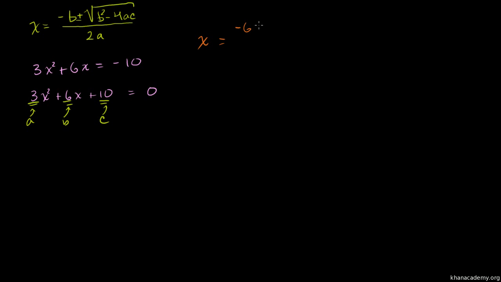So negative 6 plus or minus the square root of b squared. B is 6. So we get 6 squared minus 4 times a, which is 3, times c, which is 10. All of that over 2 times a. 2 times 3.